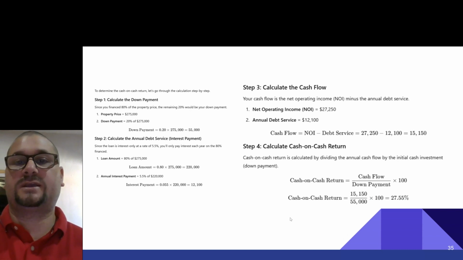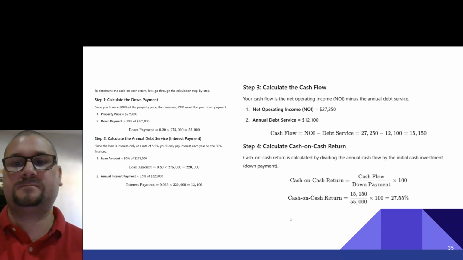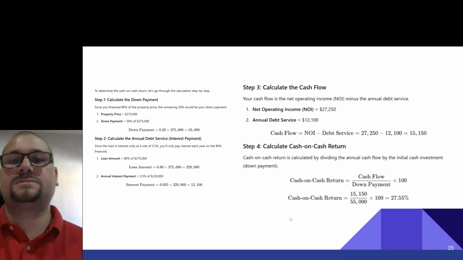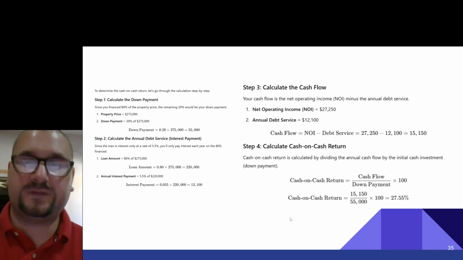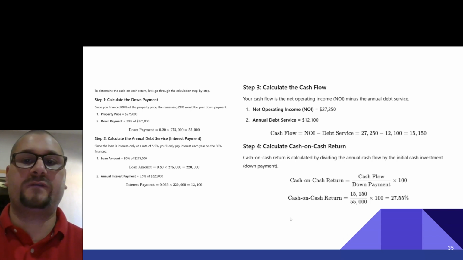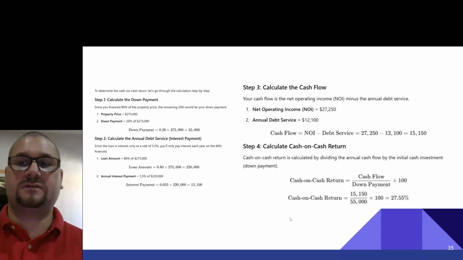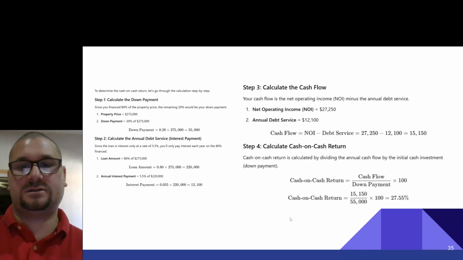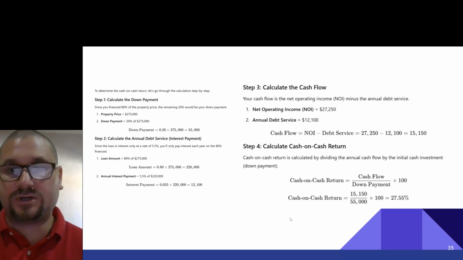And then you want to calculate your cash flow. So that's your net operating income. Take the net operating income, which is 27,250, minus the 12,100, and now that's your cash flow. Cash flow is your net operating income minus the debt service, which gives you $15,150. And now you want to calculate your cash on cash return.